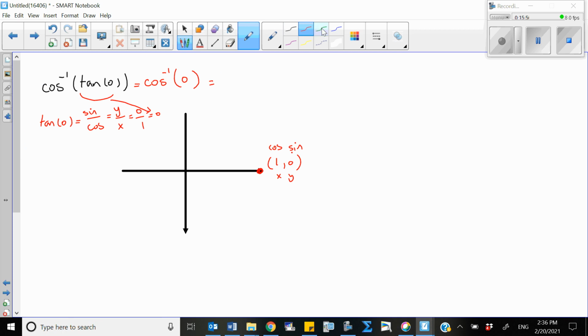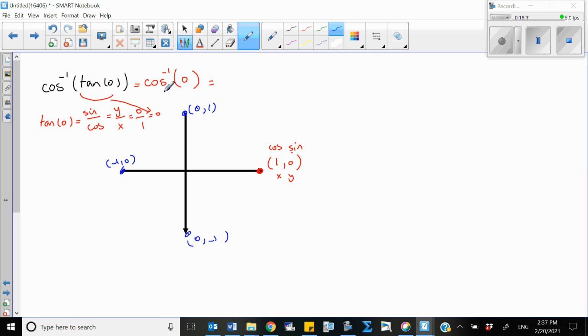Okay. So there is an angle whose cosine is equal to 0. We know that in this case, we are not able to make a triangle, so we need to consider the quadrantal angles. We know that cosine is the x value. So if I have the coordinates, this one is 1 and 0, 0 and 1, negative 1 and 0, 0 and negative 1.